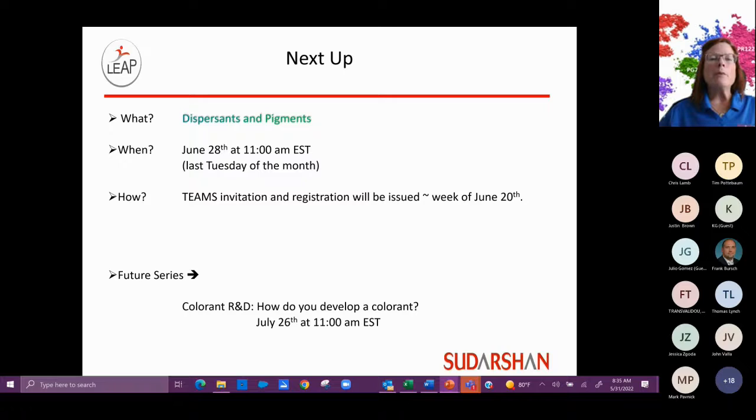So next up, we will take a look at dispersants and pigments. You can't have pigments without dispersants, and dispersants wouldn't really be needed if you didn't have pigments. So I think this will be an interesting topic to take a look at how the two are interrelated and need each other. That'll be held on June 28th.